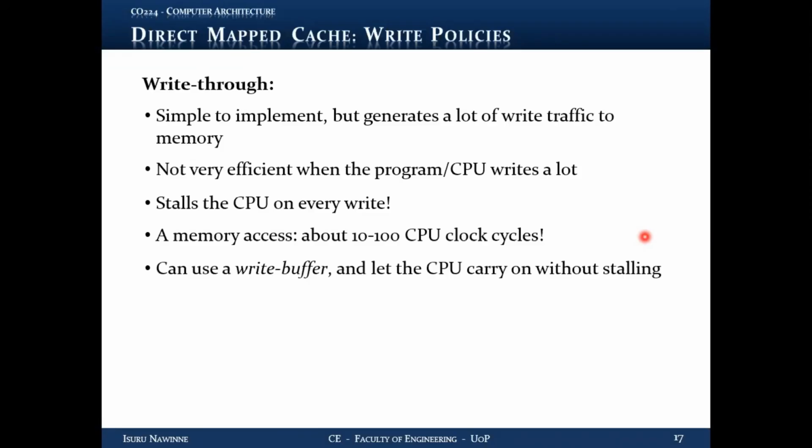So one of the solutions that we can use here is the write buffer. A write buffer is like a first-in-first-out queue between the memory and your cache. So instead of sending direct requests to the memory to write, the cache can put that request into the write buffer.